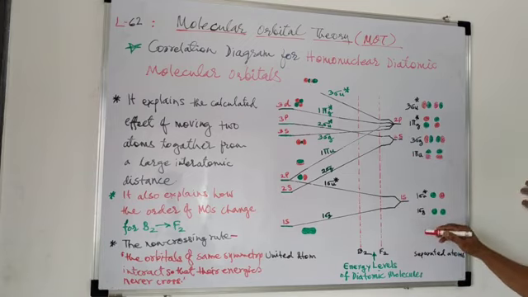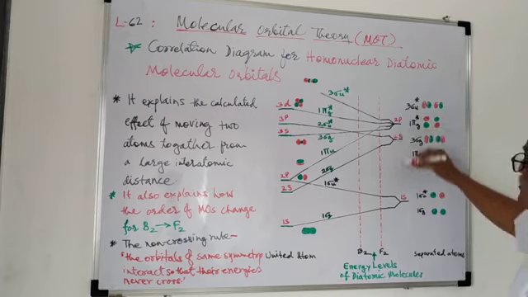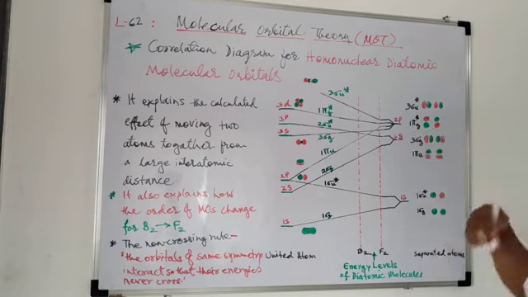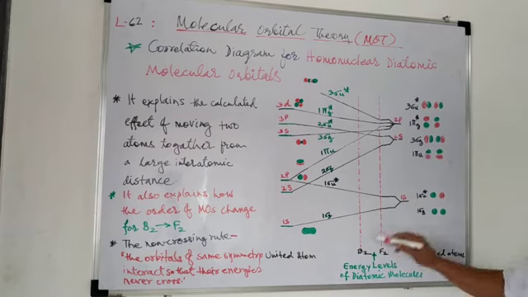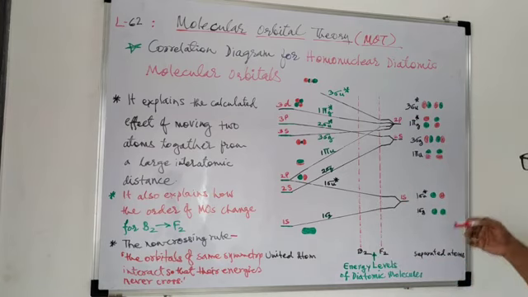So we have these atomic orbitals available for formation of molecular orbitals of homonuclear diatomic molecules.